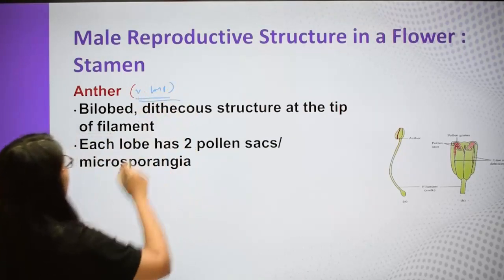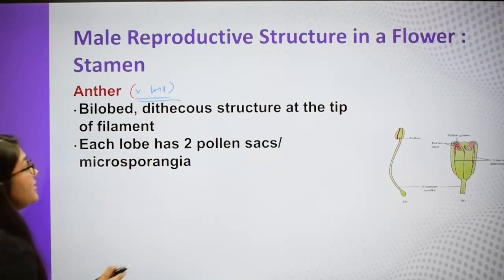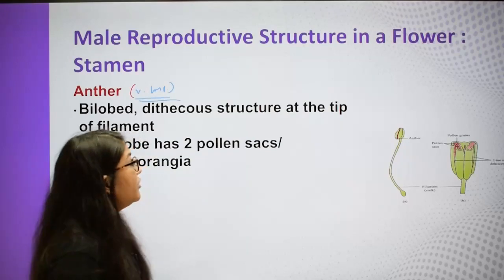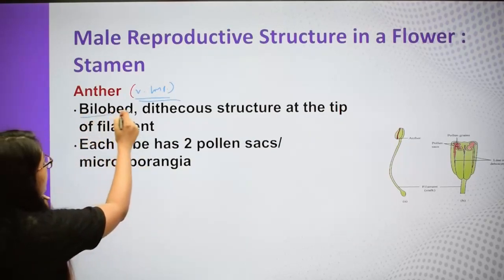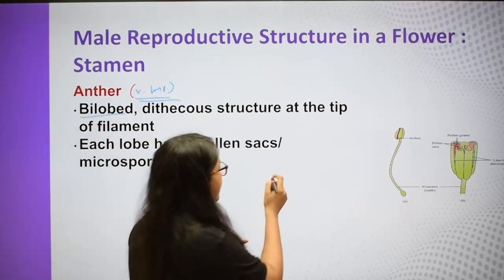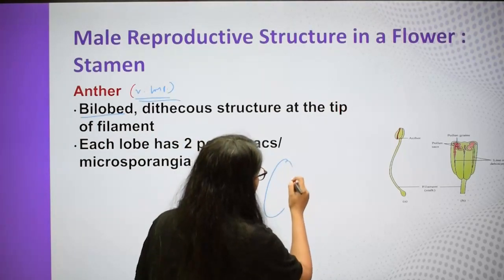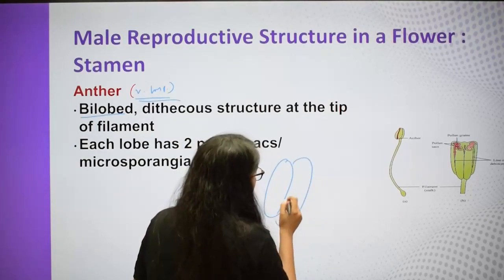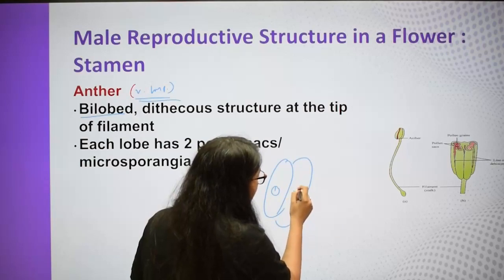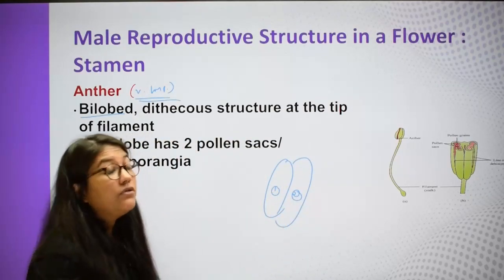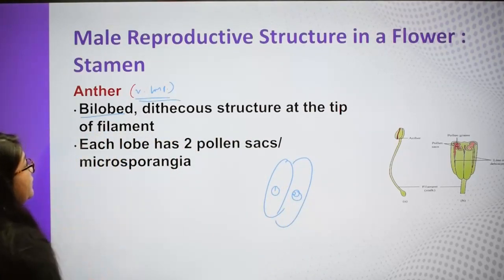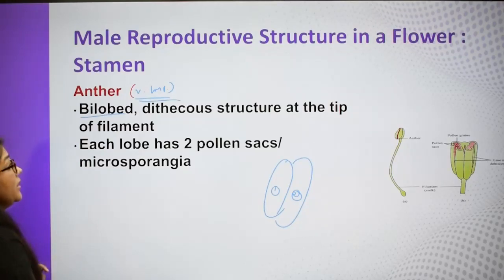There are certain terms that you have to remember for anther. Anther is bilobed. How did we see the anther? This is how the anther is, right? This is lobe number 1, this is lobe number 2. So what is the term that we are using for anther? The term that we are using is that it is bilobed.